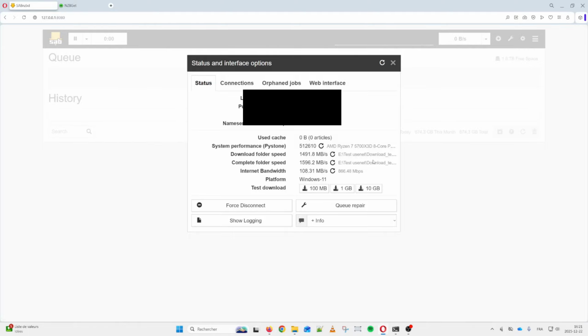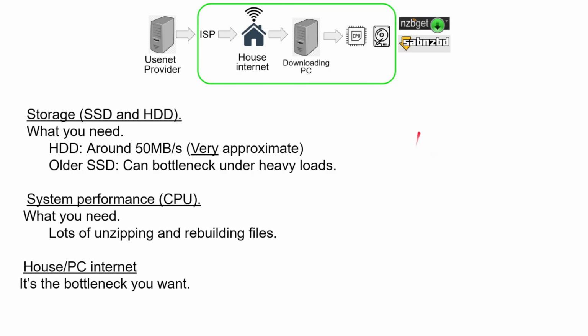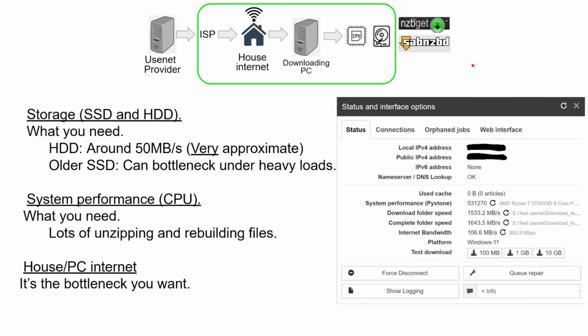So if we go back to the presentation, I've taken those numbers and pasted them into the presentation, and we can go over them again. Keep in mind that all of the processes have a speed, and your maximum speed will be the lowest speed in every step of the way.